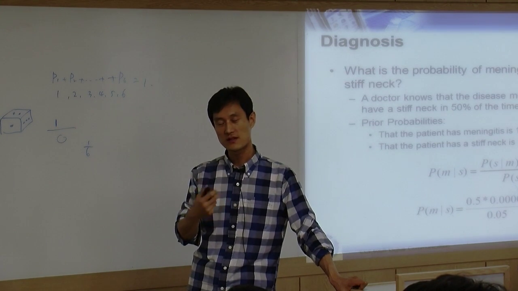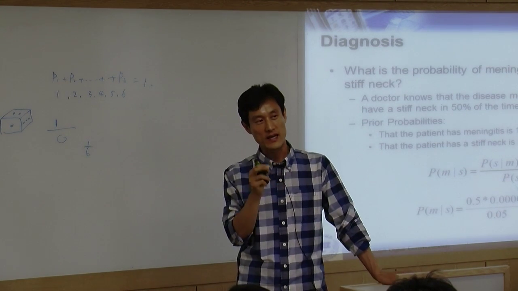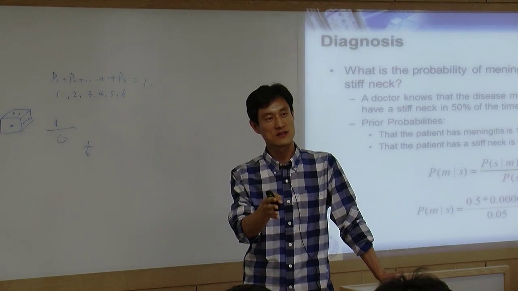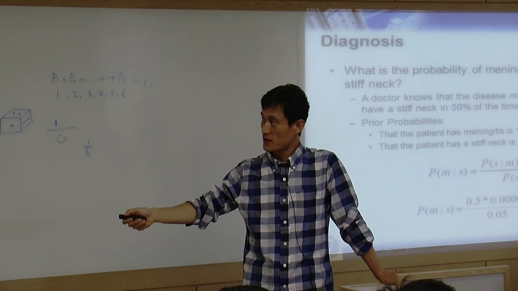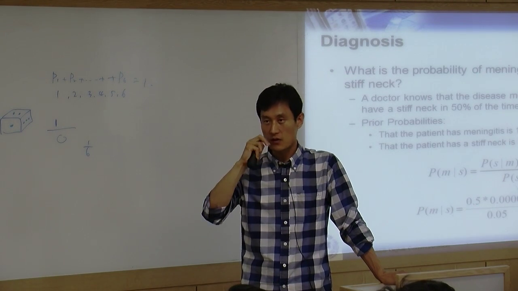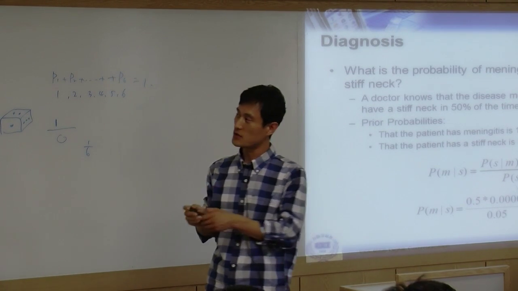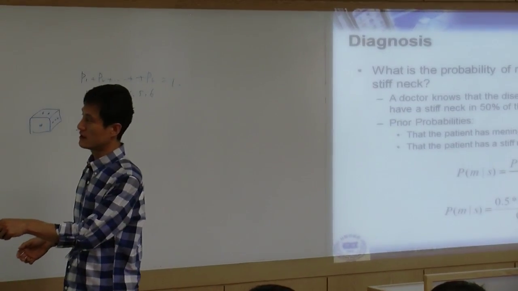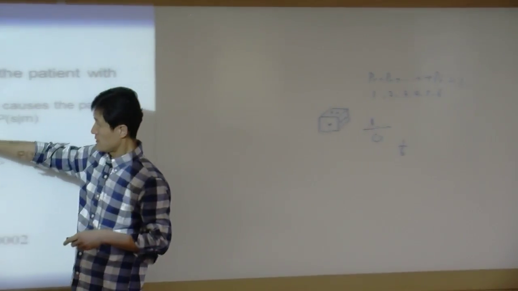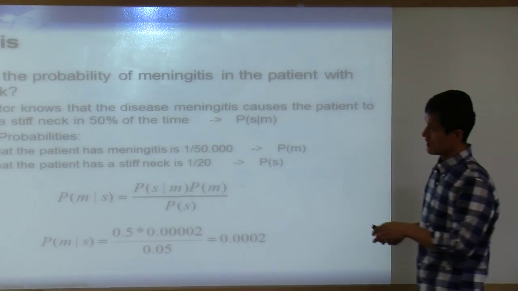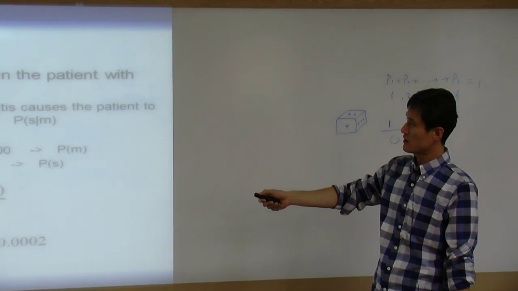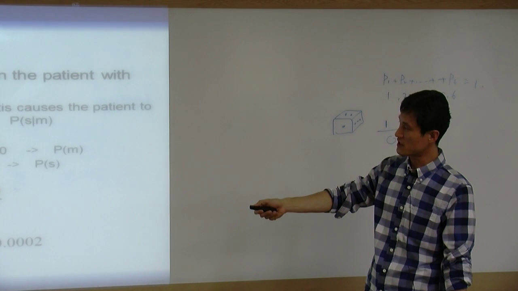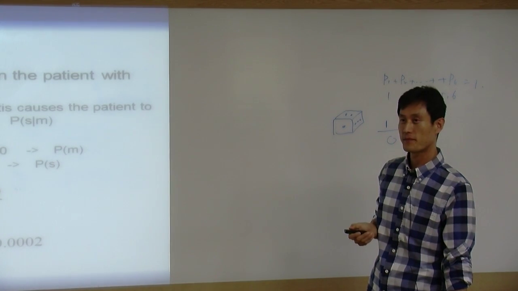As a doctor, you're going to get a hypothesis. You're going to make a decision as a hypothesis, right? But symptom is getting cold. The symptom is cough. Right? So here it says a doctor knows that this disease causes the patient to have stiff neck in 50% of the time.